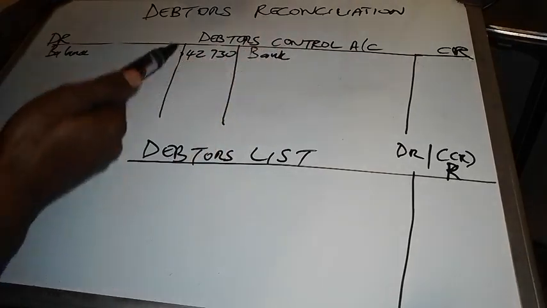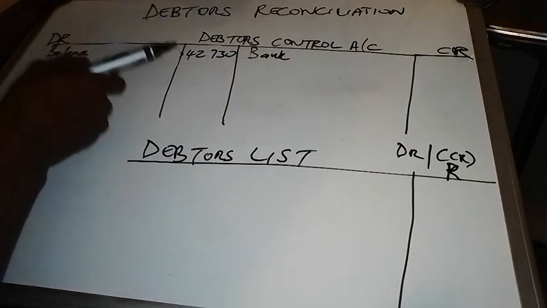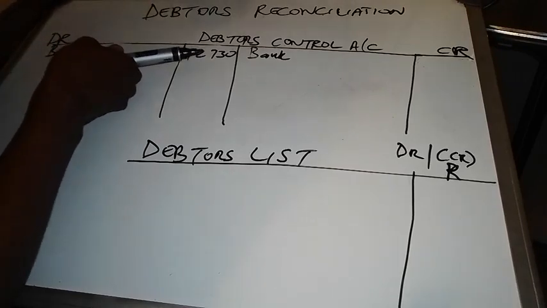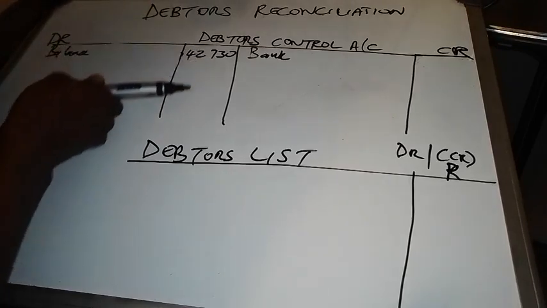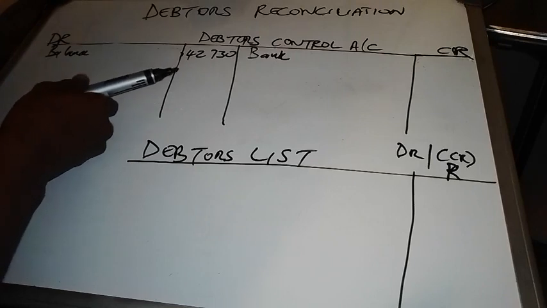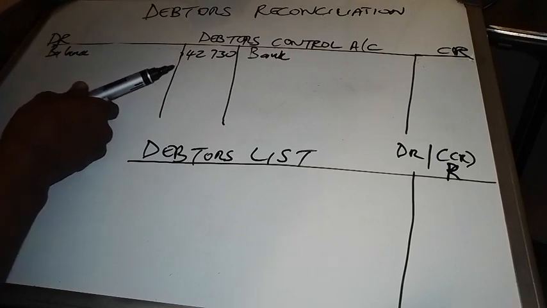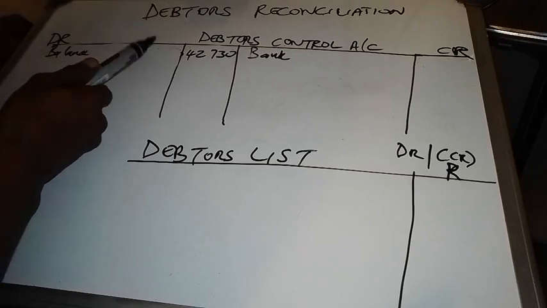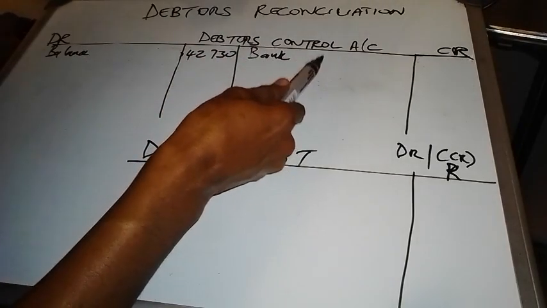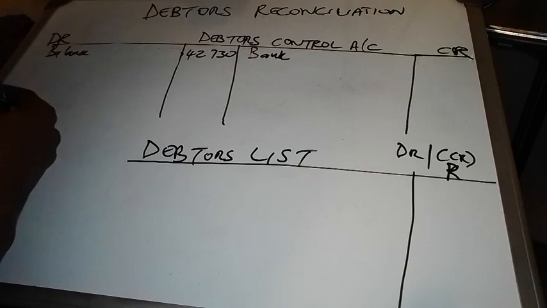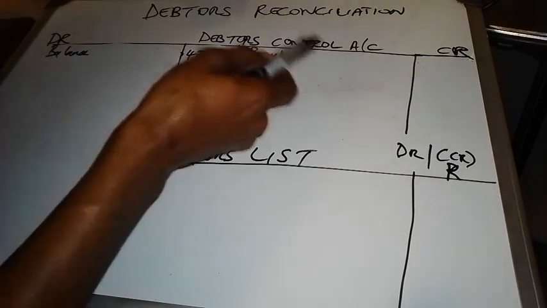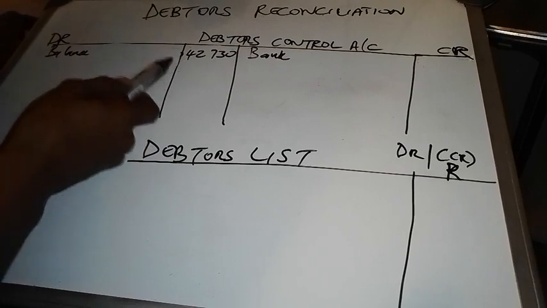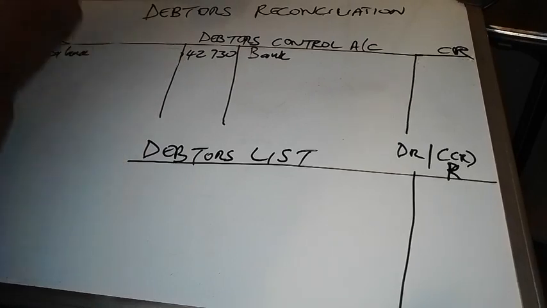Very importantly, whenever the debtors are increasing or whenever you acquire debtors, you record them on the debit side. And whenever the debtors are decreasing or whenever they are being paid or they are returning items, then you record on the credit side, right? Whenever the debtors are reducing, you record on the credit side. Whenever the debtors are increasing, you record on the debit side.